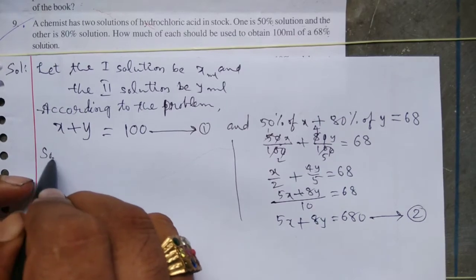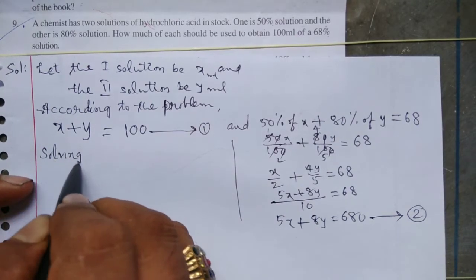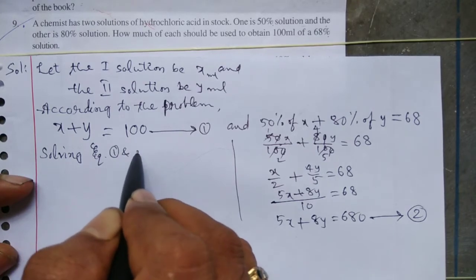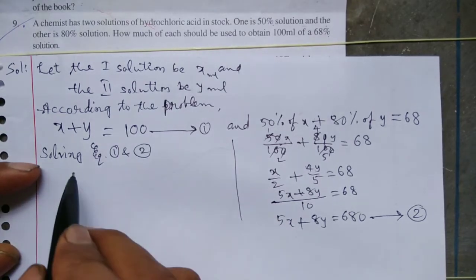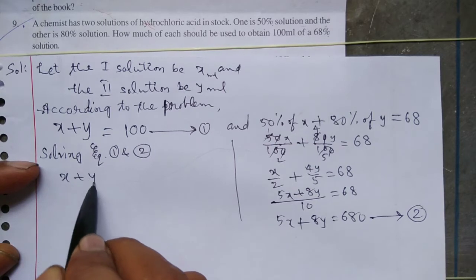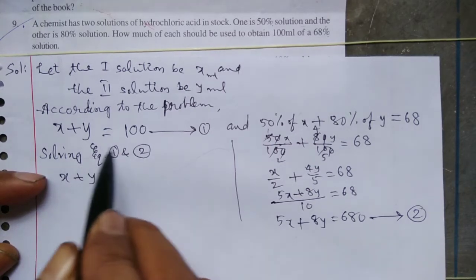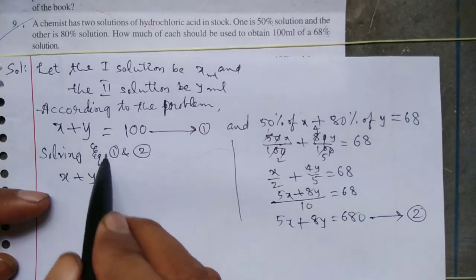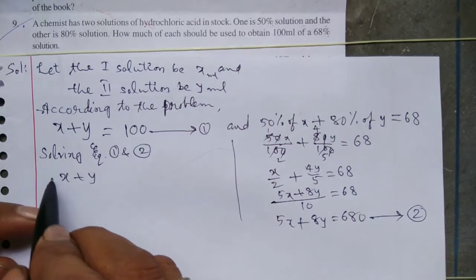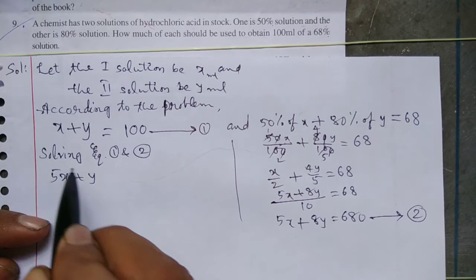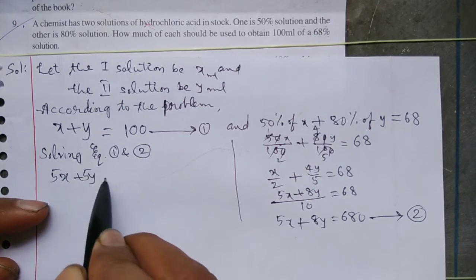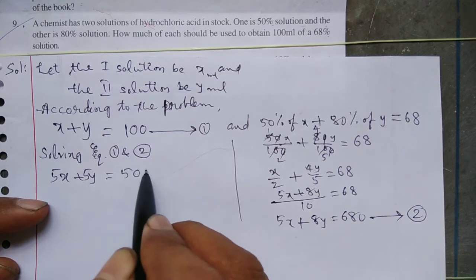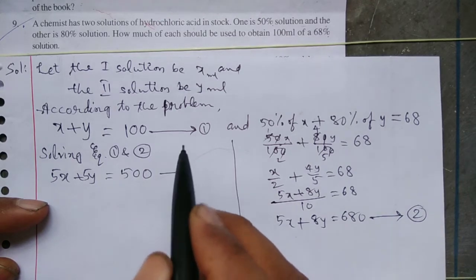Solving equations 1 and 2: x plus y is equal to 100. If we multiply equation 1 by 5, it will become 5x plus 5y is equal to 500.